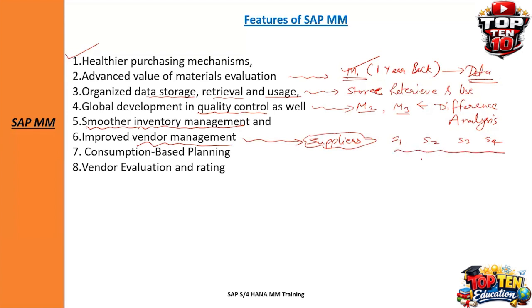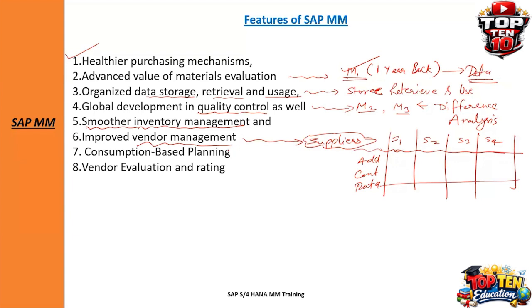We have their addresses, their contact details, and the past history of the procurement from all the vendors. At any point of time, we can do the analysis. We can do a comparison analysis on the cost, on the quality, on the number of items procured.